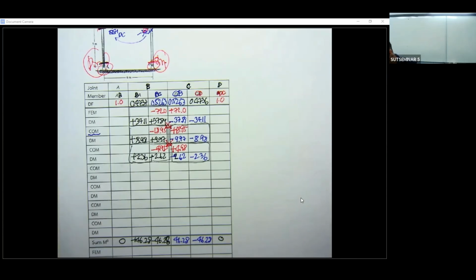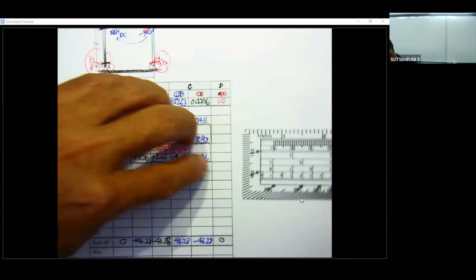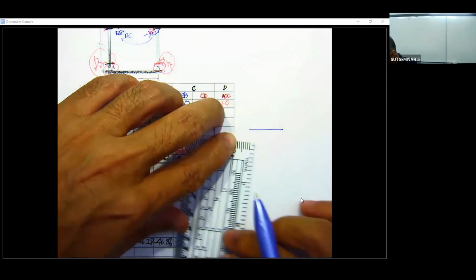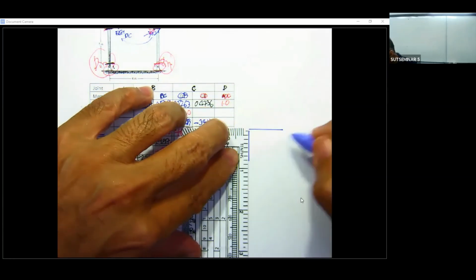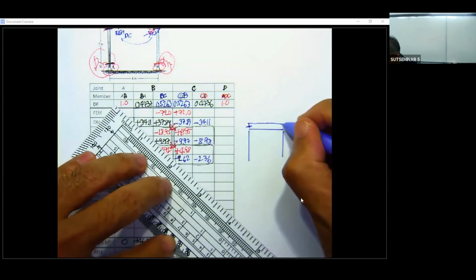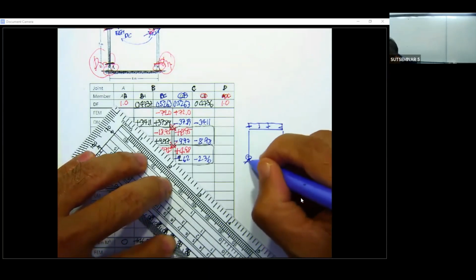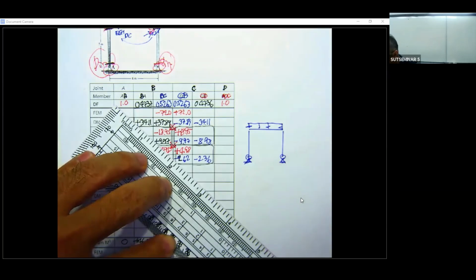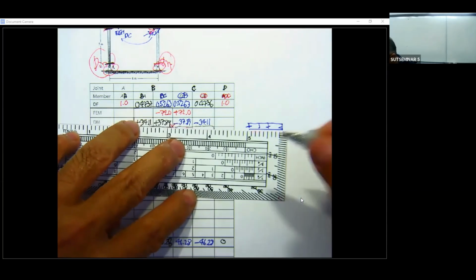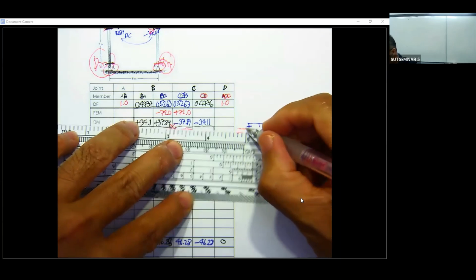Okay, and now what do you do? You have to go back and consider your structure. Your structure is what? Your structure is the sidesway frame, with a pin here and a pin here. Application of this one is going to be 60 kilonewton.